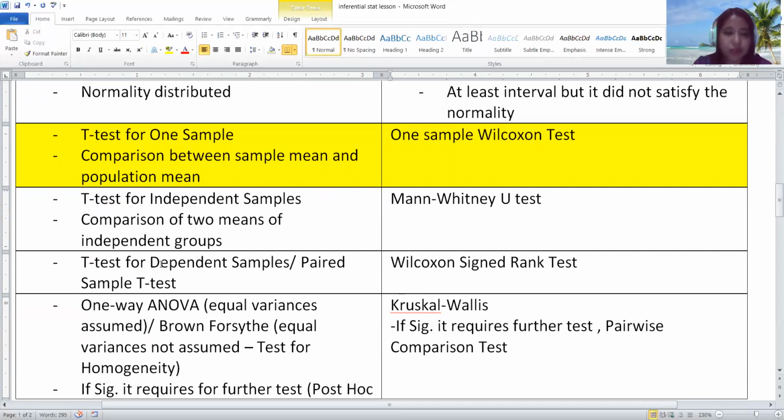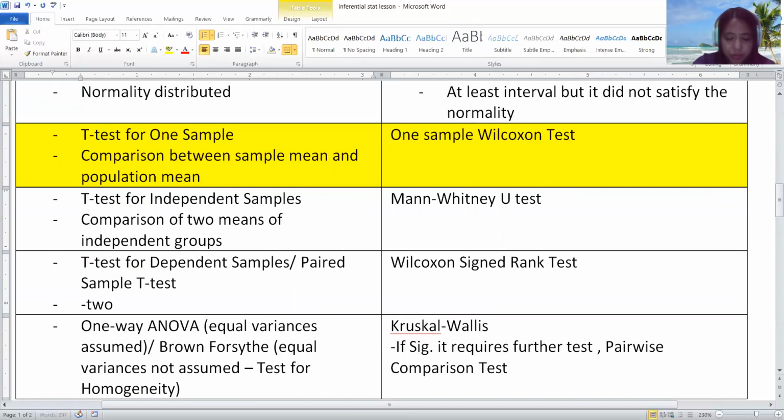So for t-test for dependent samples or paired sample t-test, this is when we have two means, but these two means are correlated. So that's the time you're going to use t-test for dependent samples or paired sample t-test.